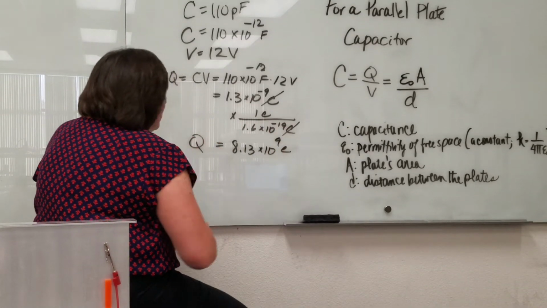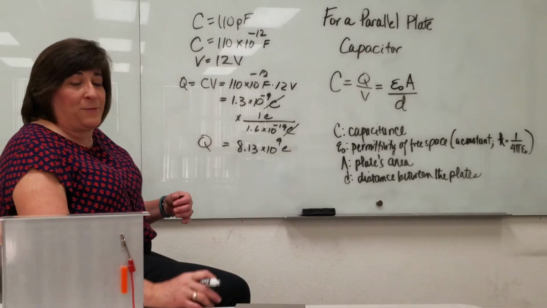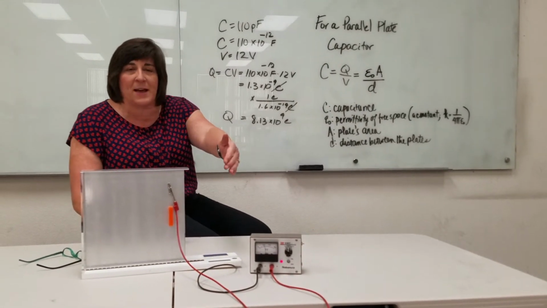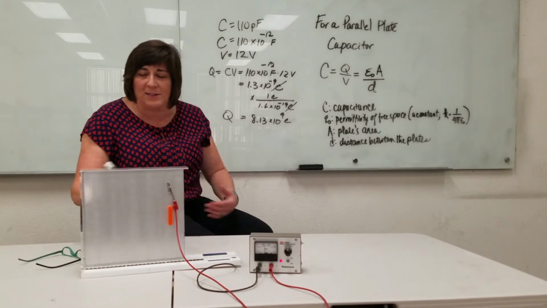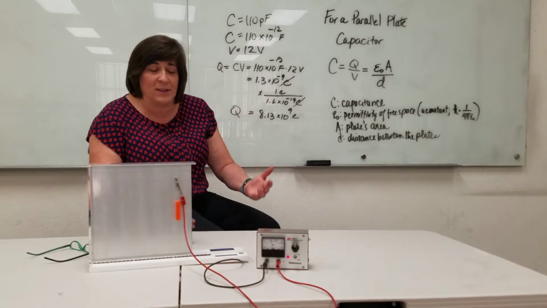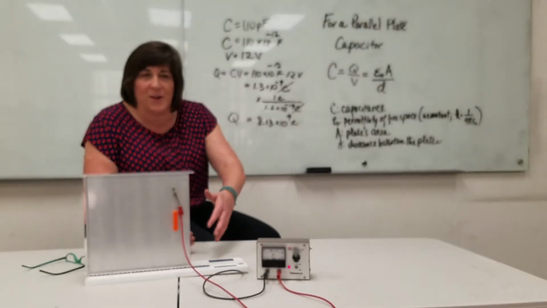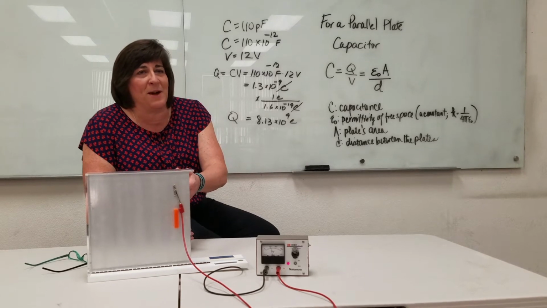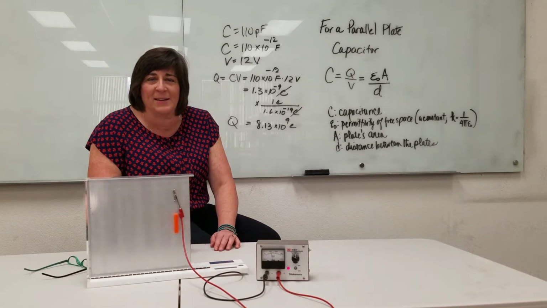So when I flip the switch, the first electron comes out of the negative side of the battery onto my plate. Nice and easy because there's no charge on it initially. And then the next electron tries to come through, feels a little bit of repulsion from that one single electron on the plate.